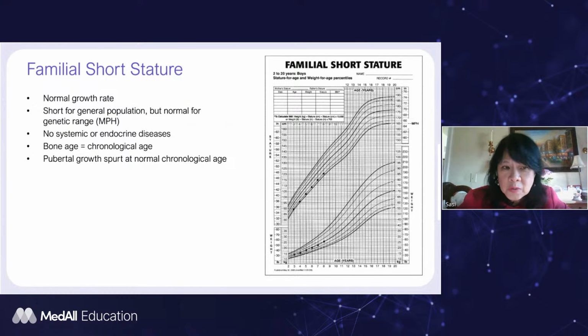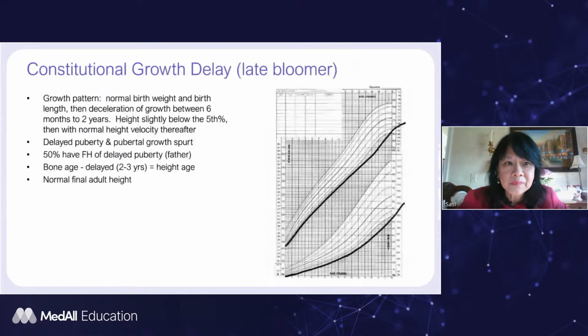We have to make sure that there are no systemic or endocrine causes to explain the short stature. If we do a hand X-ray for bone age assessment, very commonly the bone age is the same as chronological age. These children with familial short stature tend to have a normal timing of puberty, so they will go through puberty at a normal time because they have a normal bone age.